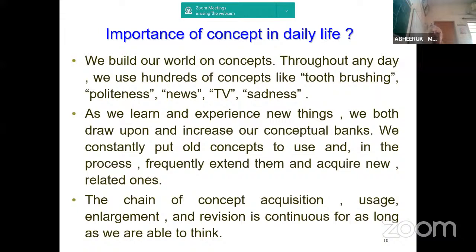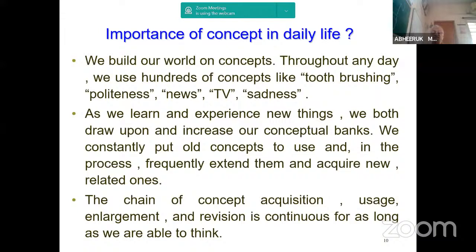And when we learn any new concept, we constantly use it. Nowadays a lot of software and mobile features are coming, so those may be new concepts. New types of things they are introducing in mobiles, and ultimately it is coming to all mobiles.